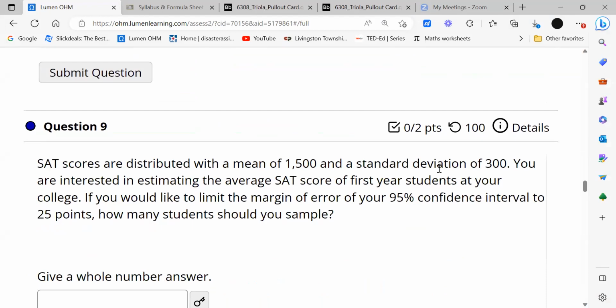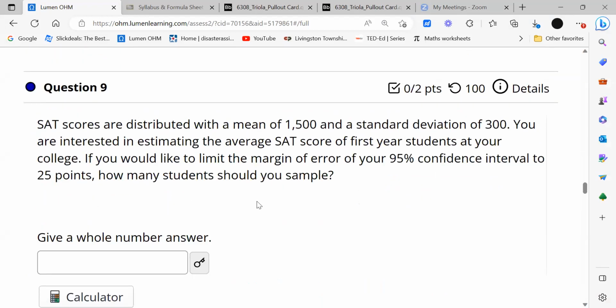Let's look at question 9. And this one is asking how many students. When you see the keyword how many students, that means we are estimating the sample size. So let me first of all copy the question.